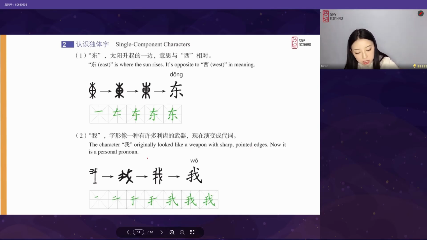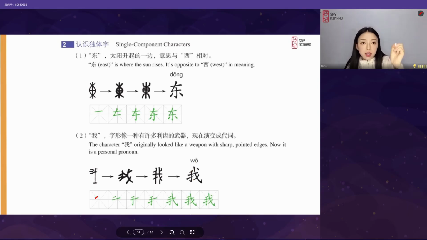Next one is 我, it means me. Actually, originally it looked like a weapon, and this part of 我 actually is the weapon. Okay, and try to write it with me. Let's see the order of this stroke.